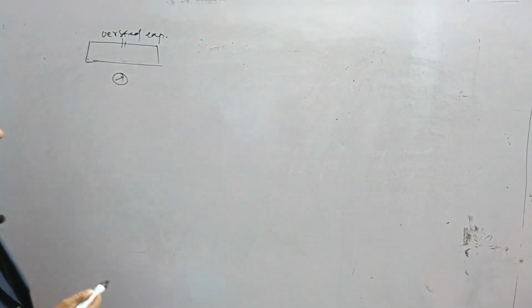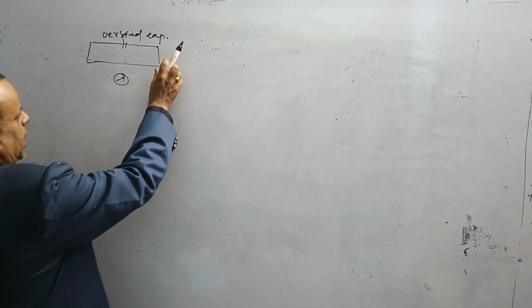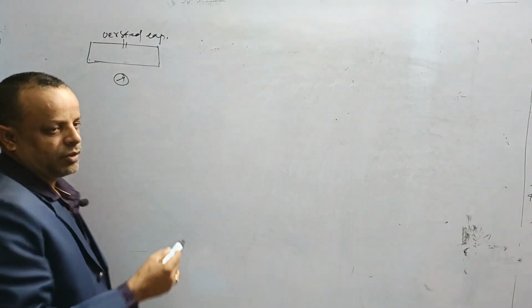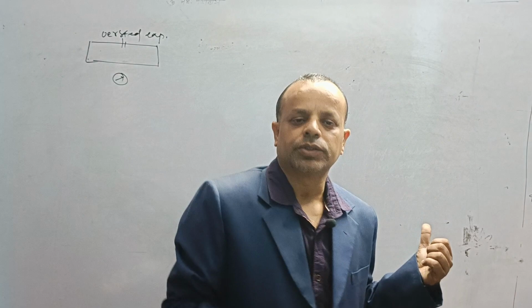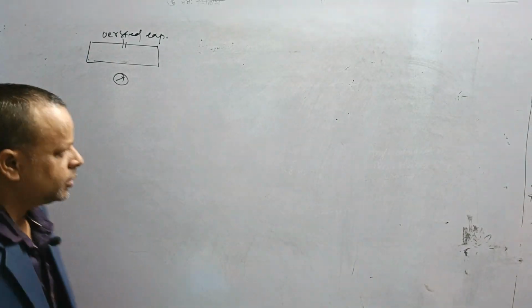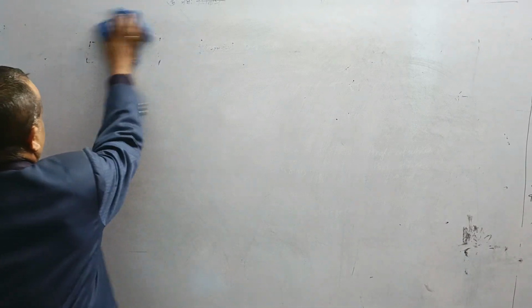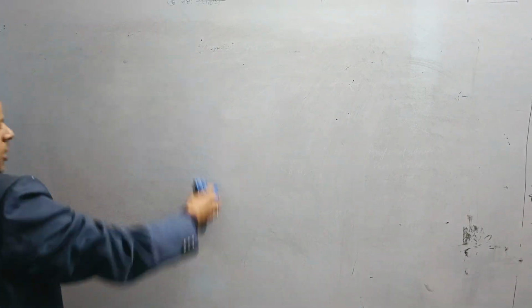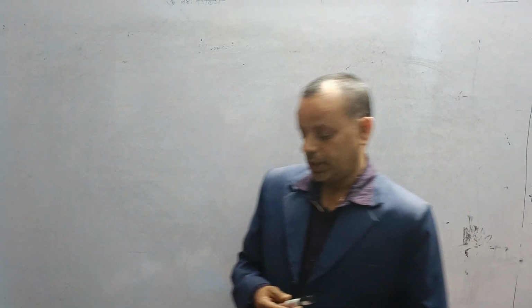And when he reversed the direction of current, the deflection of the compass also altered. So the first observation was that a current carrying conductor produces a magnetic field around itself.